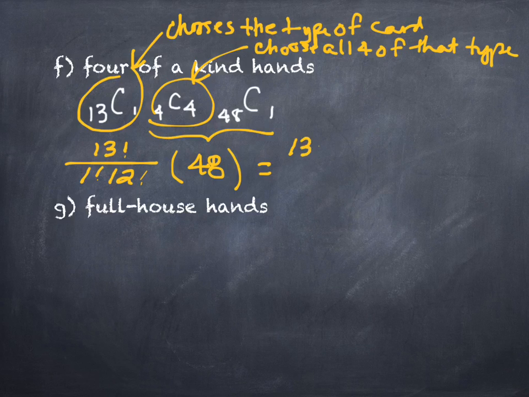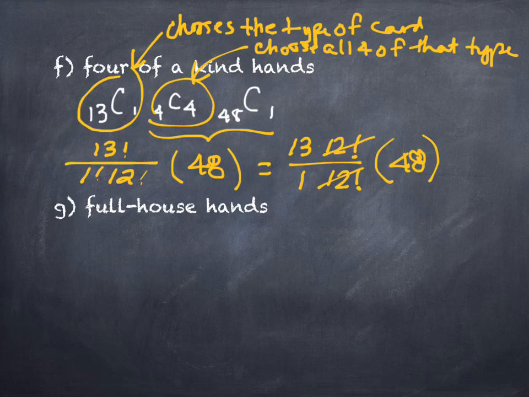And this would be 13 times 12 factorial for my 12 factorial to cancel, right? Still times my same 48. Don't lose him. So what does this actually become? It's 13 times 48, right? What's 13 times 48?